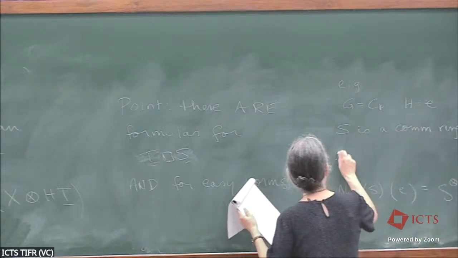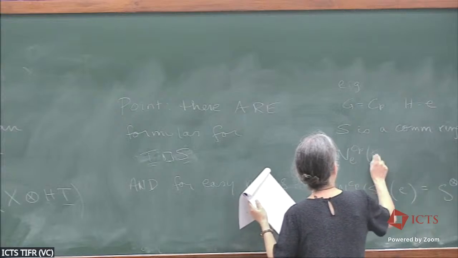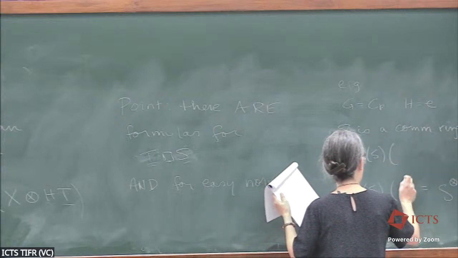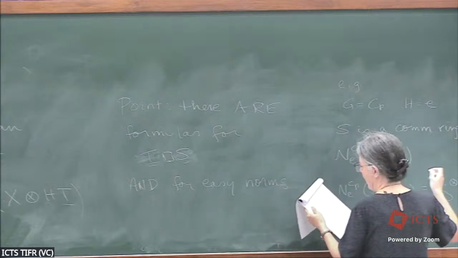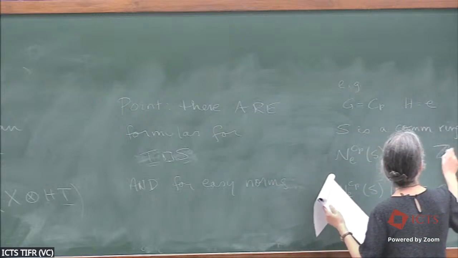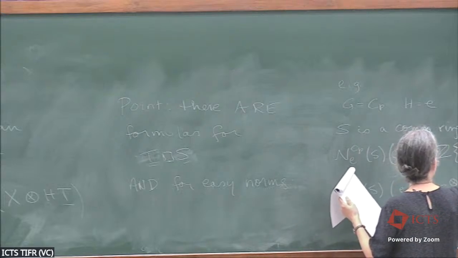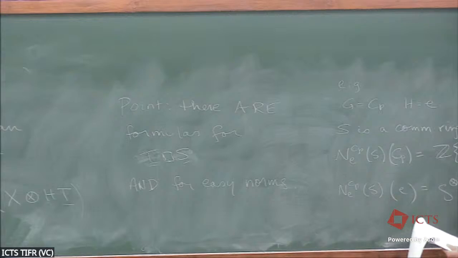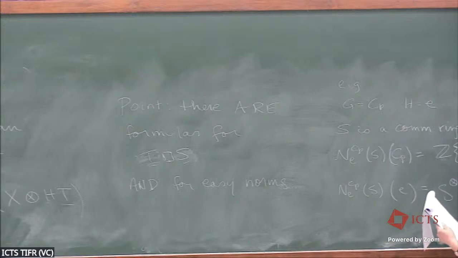And N_E^CP of S at CP is a strange thing. It's combinations of elements of S with coefficients in Z. So each of them has a bracket to denote the generator corresponding to it. So this is a big direct sum of Z's plus S tensor CP modulo CP with this action that we talked about here.